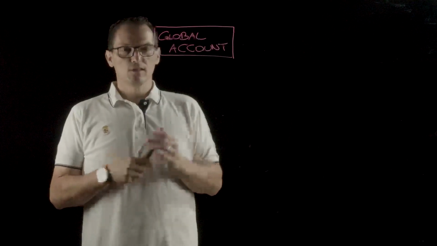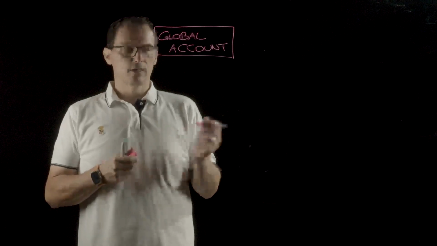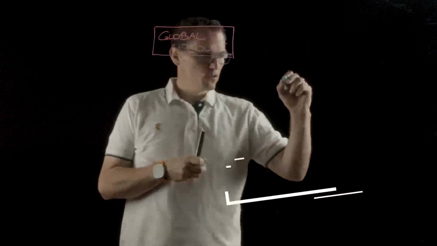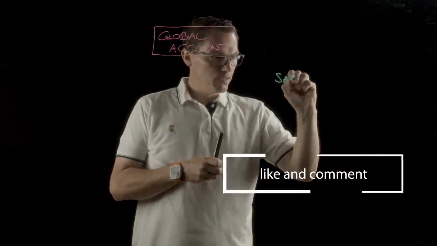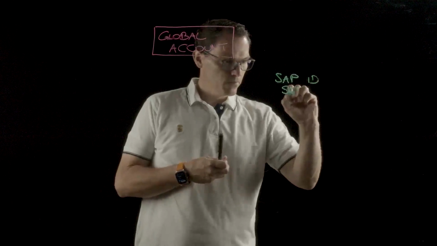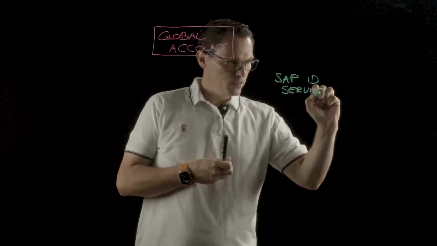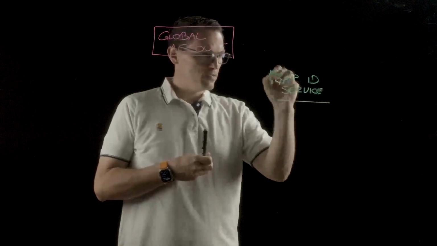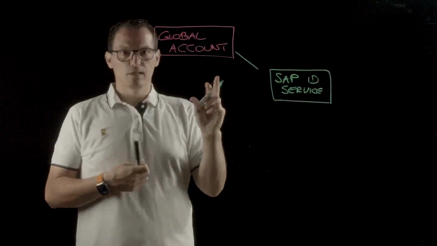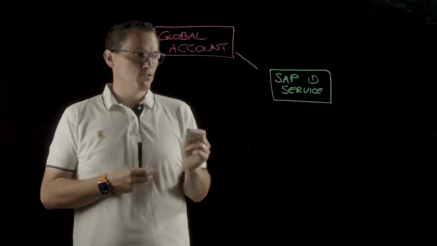The authentication of the users in the global account is usually against the SAP ID service. The SAP ID service is by default connected to the global account, or the other way around, the global account is connected to the ID service.